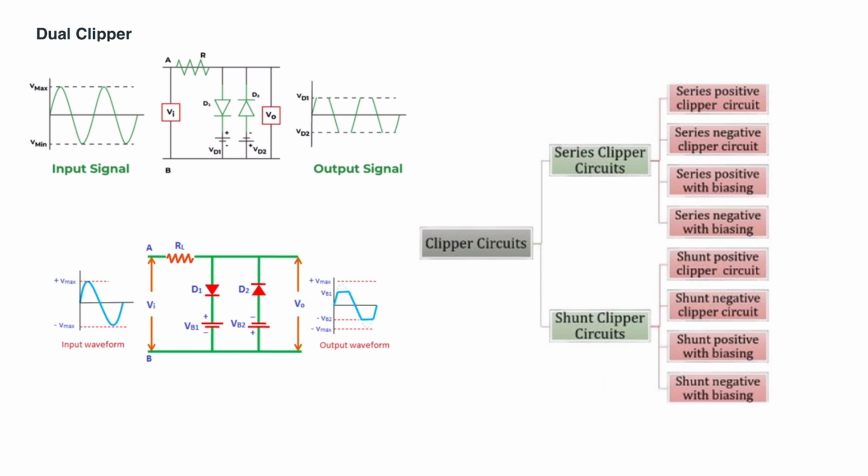This is the classification of clippers: series clippers and shunt clippers. In shunt clippers, the diode is connected in parallel to the load. In series clippers, the diode is connected in series with the input signal.